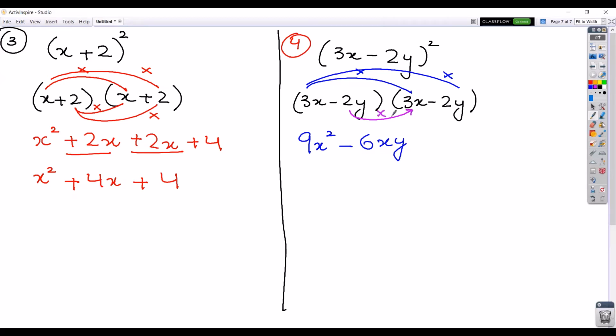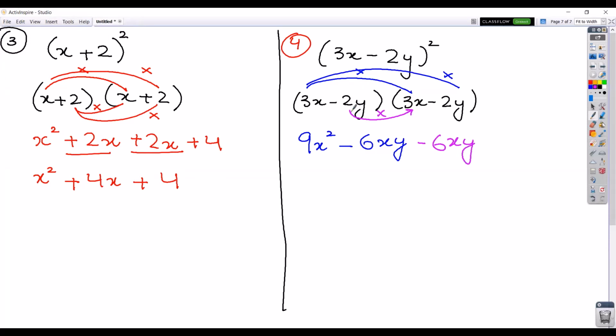So you multiply them together. You are multiplying minus 2y times 3x. Because we have the negative sign here, negative 2 times 3 would be minus 6. And then we do the variable. So y times x would be xy.